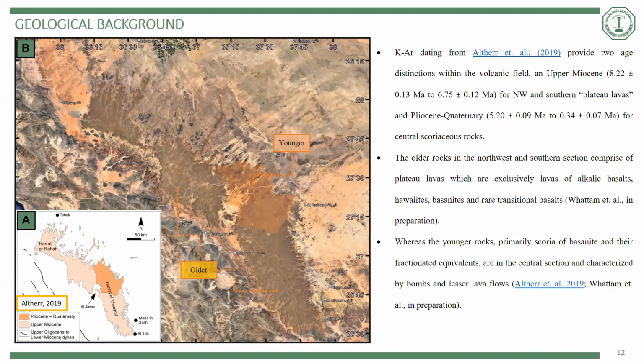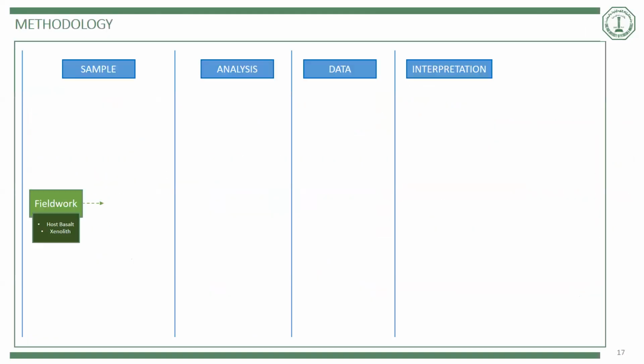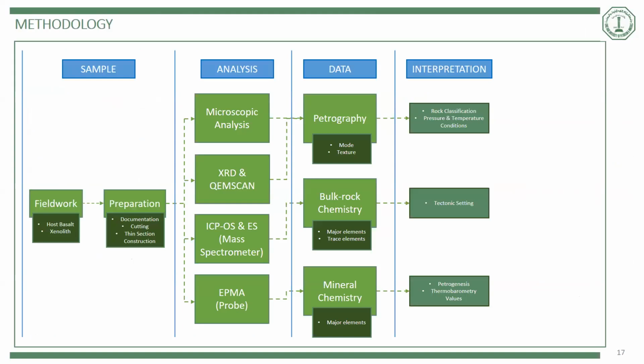And from your proposal, you have element data. Are you planning to use it? Yes, Doctor. Let me just skip to the diagram. The rare earth elements from the bulk rock chemistry probably will be used to infer one of these interpretations.